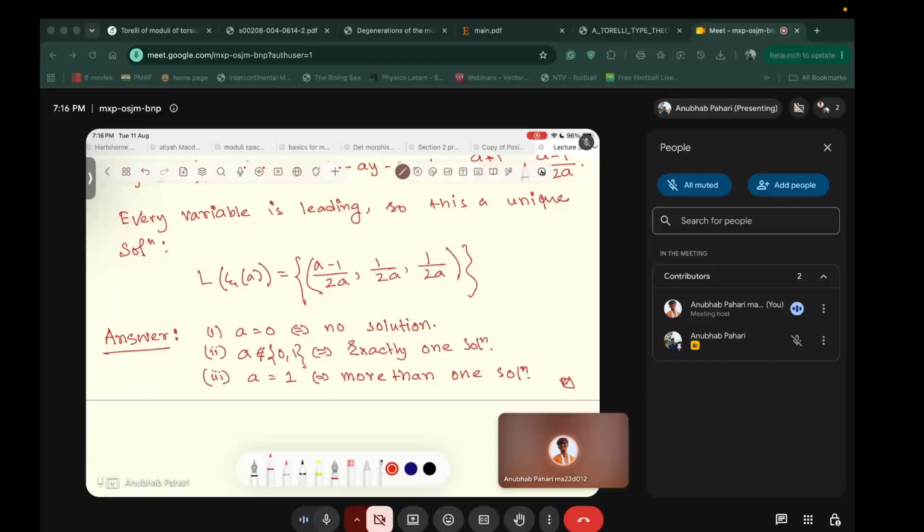So this completes our first problem. Now we go to our second problem.